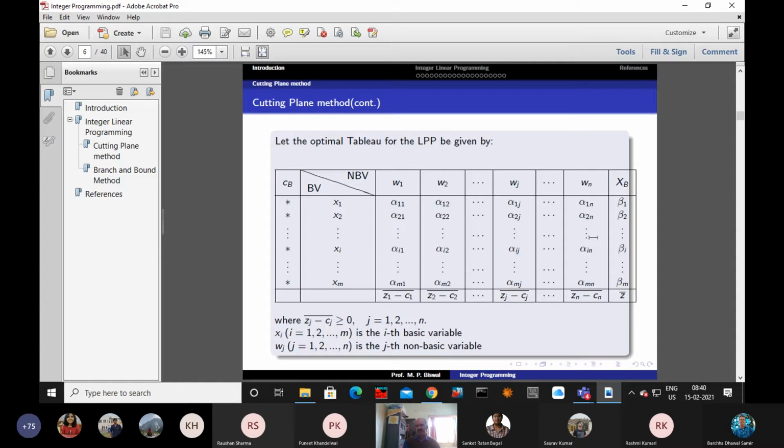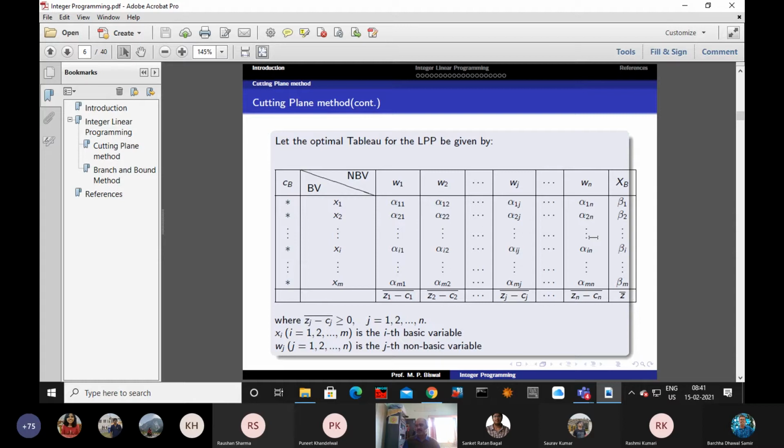If there are a few, say 1, 2, 3, 4, 5 such non-integer basic variables, then we have to select the basic variable which has the largest fractional part. The largest fractional part is a thumb rule for selection. One has fractional part 1/3, another has 2/3. So 2/3 is more, so 2/3 is better, and we will consider that.